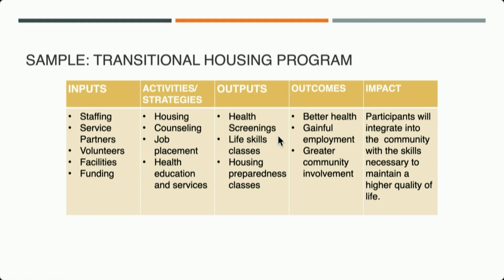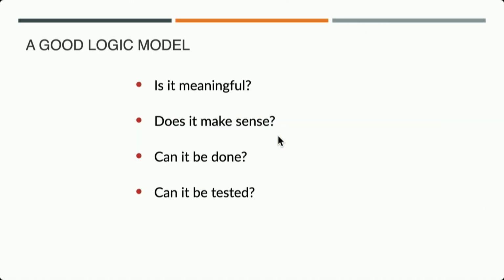This is an actual logic model. And you can see the inputs. Now, this is a basic one. This is not a very complex one and not a very sophisticated one. But notice their inputs: staffing, service partners, volunteers, facilities, funding, and then activities: housing, counseling, job placement. What this does is give you an idea what should be in it, but not necessarily at the level of detail that we want it to be in, right?